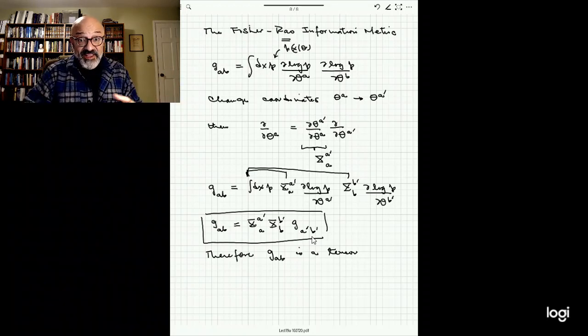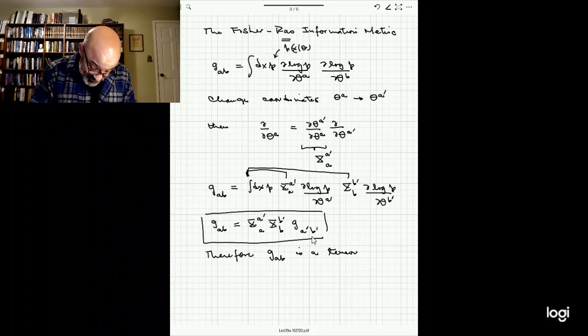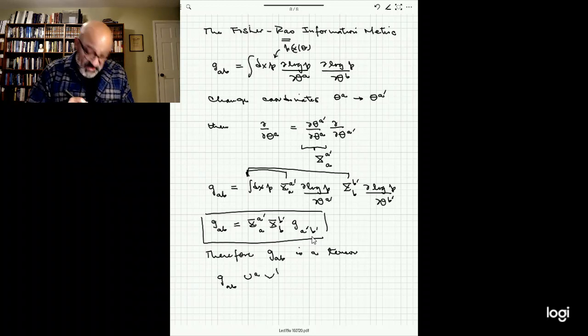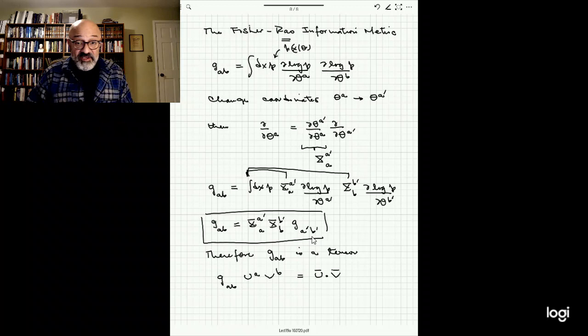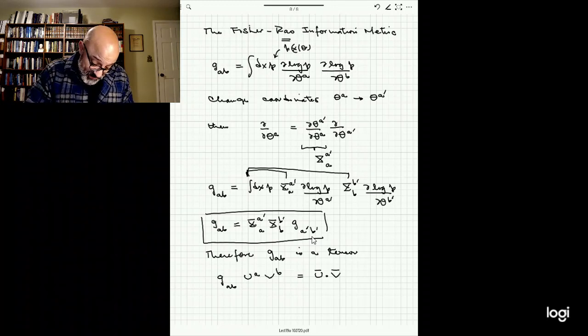Once you have this tensor, you can actually do all sorts of weird things, like scalar products. This is really weird because look, if you have a metric tensor and you have two vectors like so, this is what allows you to define what the scalar product between two vectors is. And what are these vectors?